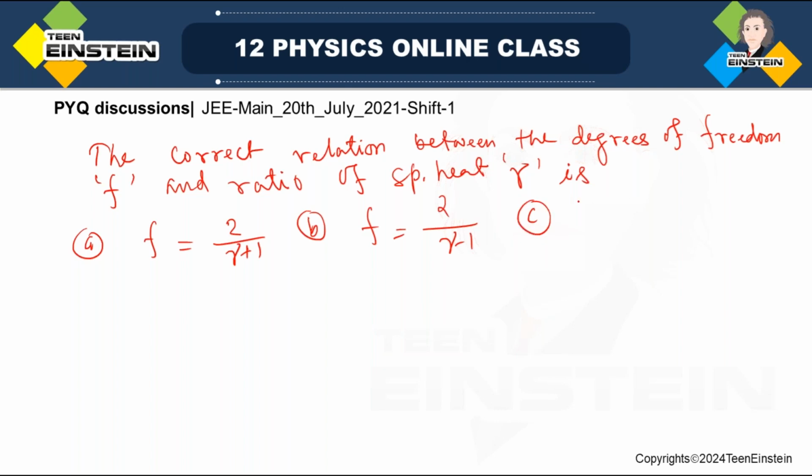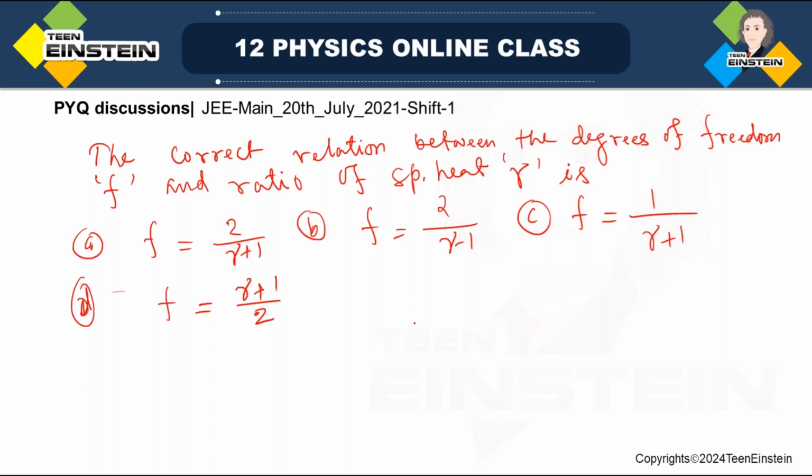Option C is F is equal to 1 over gamma plus 1, and option D is F is equal to gamma plus 1 by 2. Okay, so you have to find out the answer for this.